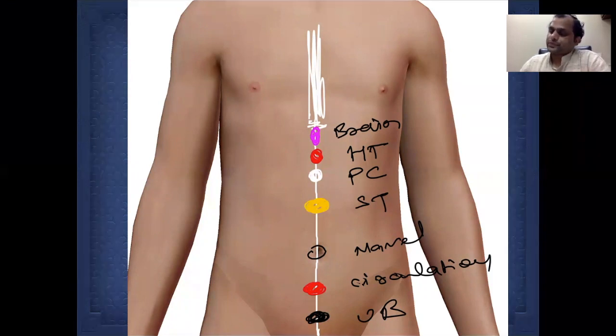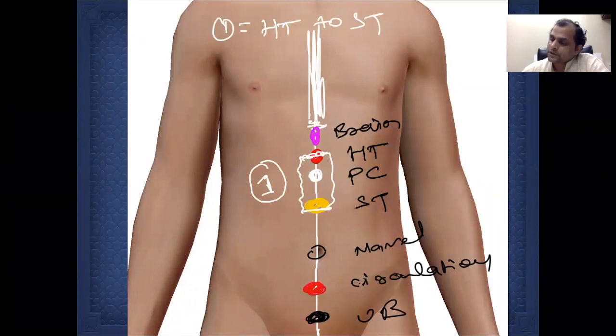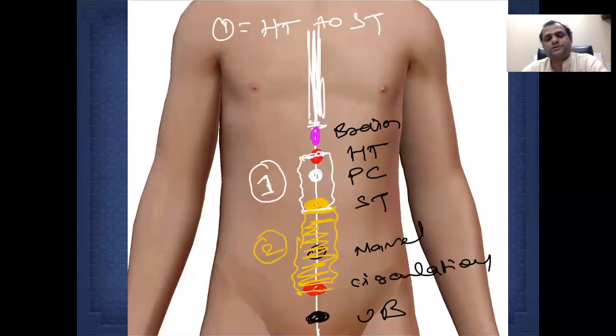Now, what we have to do: the area starting from the heart till the stomach, we can consider as number 1. The meaning of number 1 is heart to stomach area. Now the area from the stomach till the circulation, we can consider as number 2 part.